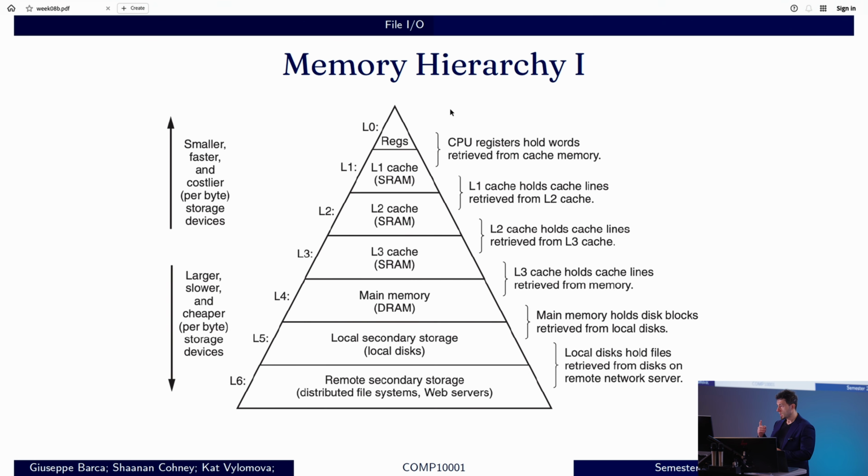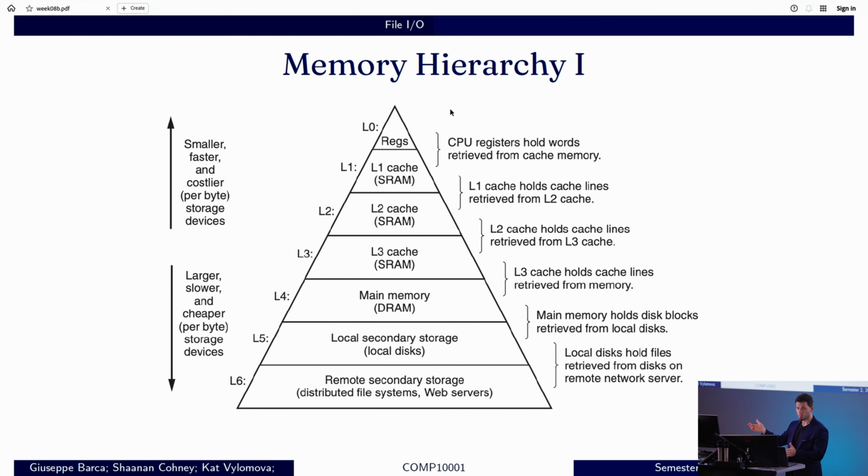It is dynamic memory, not static, it doesn't use transistors, it uses capacitors for storing data, and therefore it is slower than caches. In practice, it is 300, 400 cycles away. This translates to around 100, 200 nanoseconds to access that data.